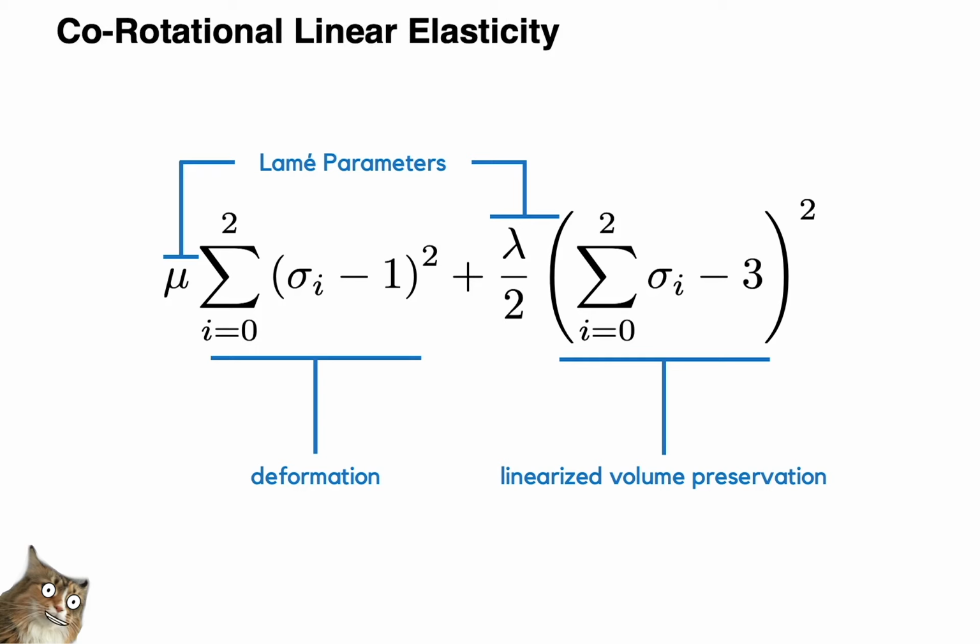Even though the energy itself is quadratic in the principal stretches, such models often get named for the force displacement relationship they define. This is encoded not by the function itself, but by its gradient, which is linear with respect to our sigmas. Co-rotated linear elasticity is a commonly used model for all sorts of simulation. Let's see if we can get it to work in our cloth simulator.